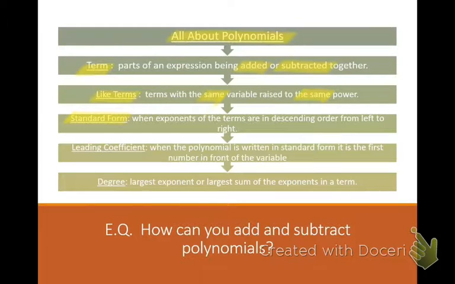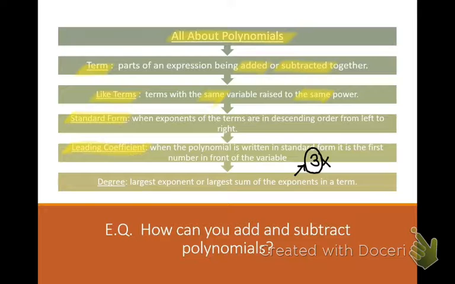Okay? The leading coefficient. Coefficient. Does anybody remember what a coefficient is? Let me give you a term to look at. 3x. Can anybody tell me the coefficient in that term? What is the coefficient? The coefficient is the number only part of the term.